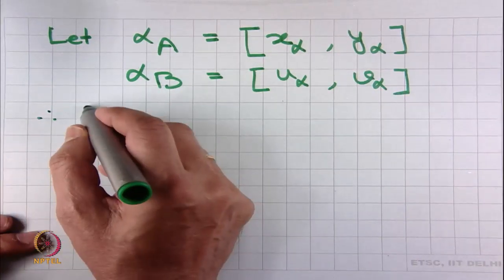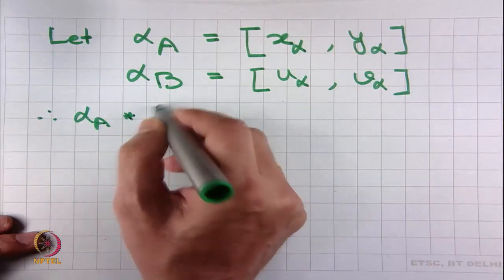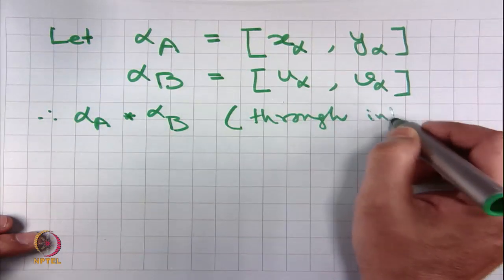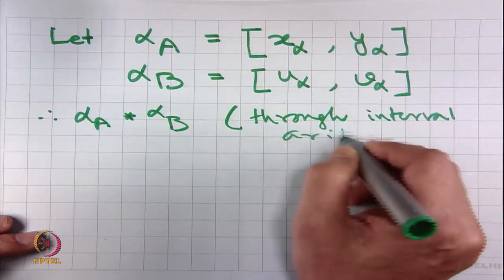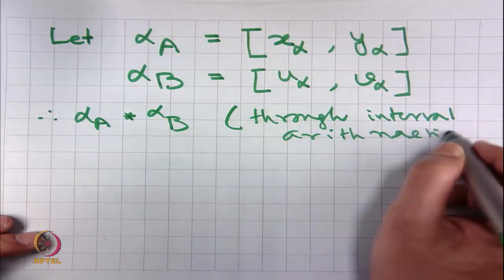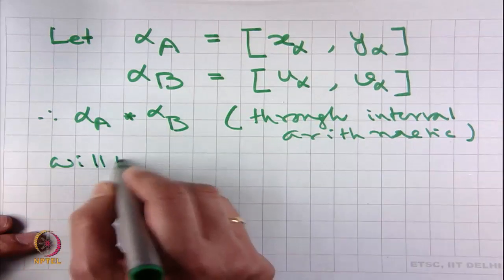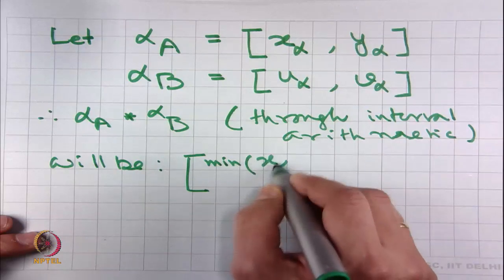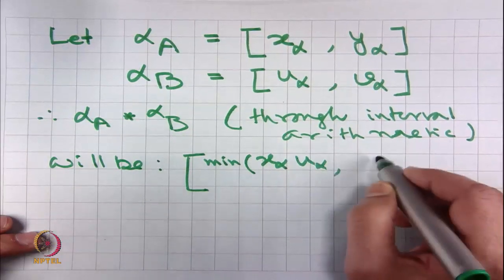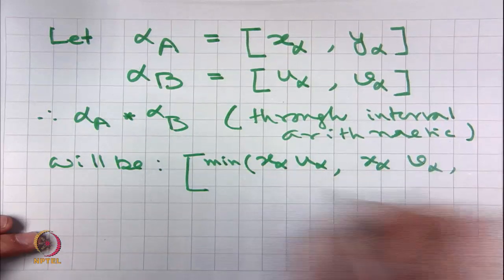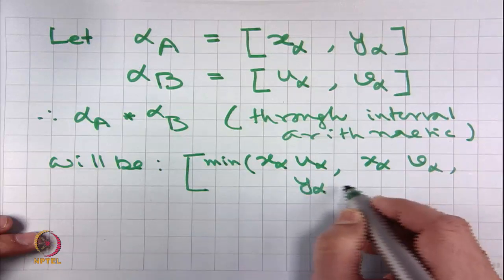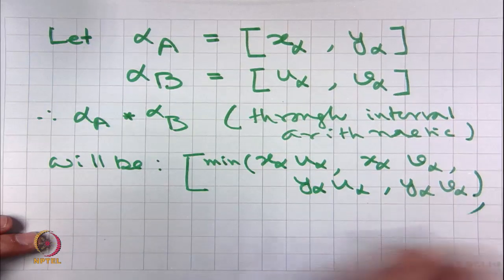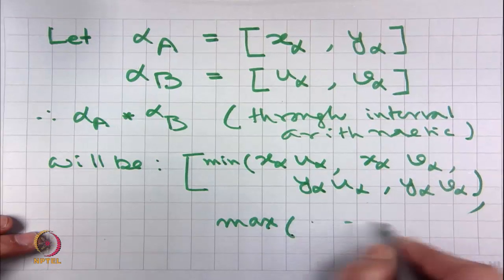Therefore, alpha cut of A star alpha cut of B, through interval arithmetic, will be the minimum of x alpha u alpha, x alpha v alpha, y alpha u alpha and y alpha v alpha to the maximum of these 4 quantities.